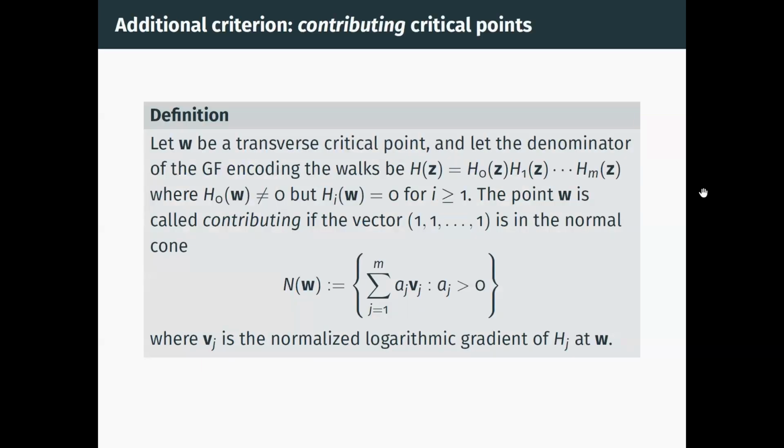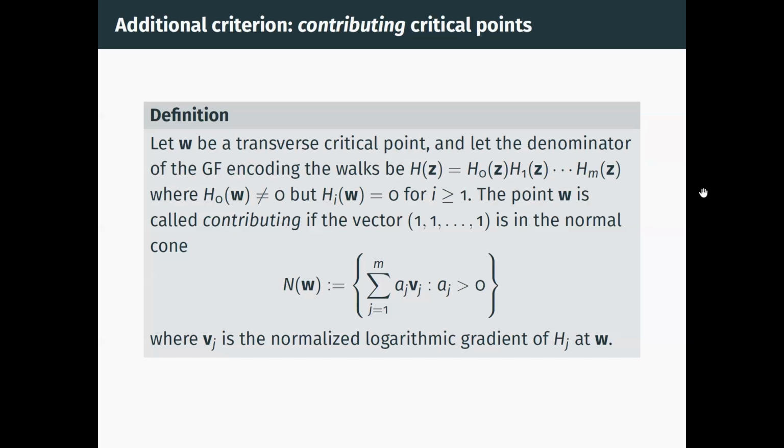Another thing which I would normally sweep under the rug, but is different here, is that we also have to check for transverse critical points whether or not they are contributing. That has a bit of a technical definition, but we're going to look at the denominator of my generating function, which is this polynomial h.